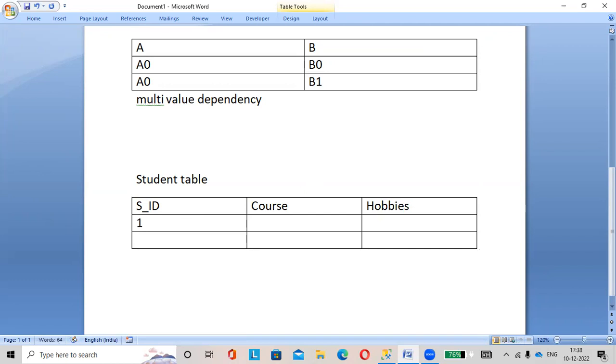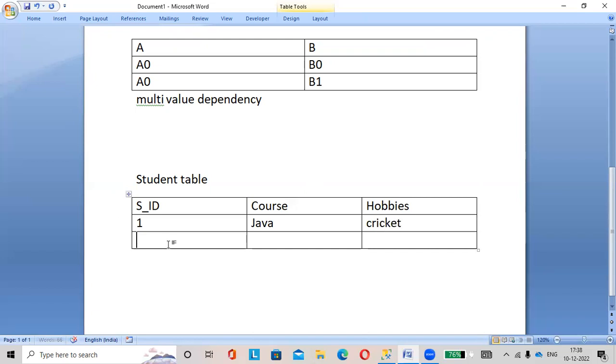Student ID is 1. His course is Java. Can one student enroll for only one course or multiple courses? He can enroll for multiple courses too.